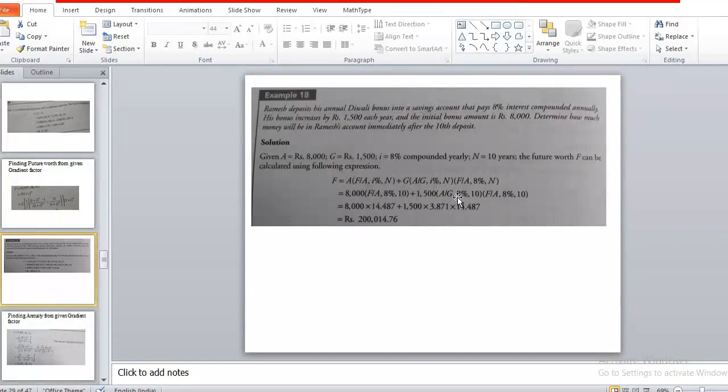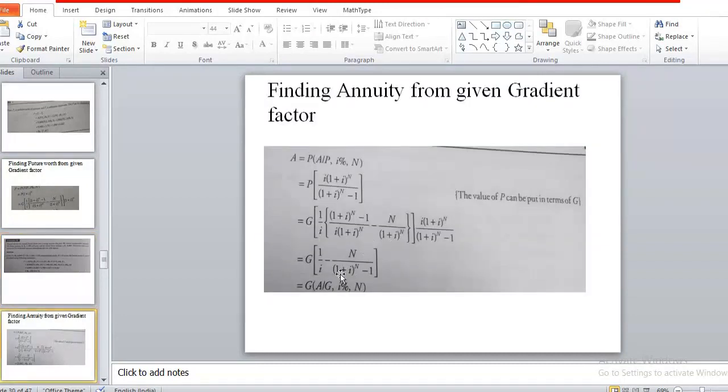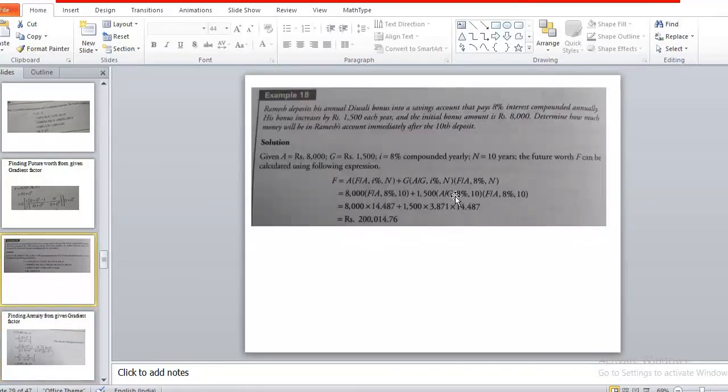And the annuity equivalence formula, which we also went through, will be used here. So this will be 3.871. Again the future equivalence factor was already calculated as 14.487. The total value becomes like this.